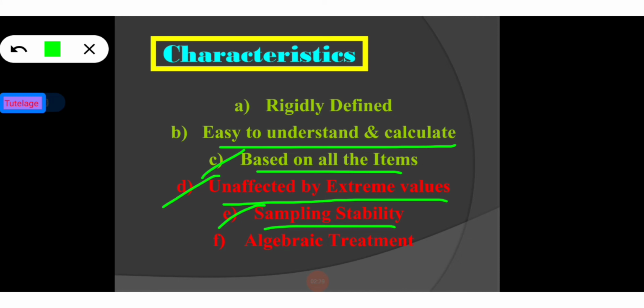Clear? So that's why we say measures of dispersion have sampling stability. Because it should be less affected by differences in the data, it has the power of stability, which is one of the most important characteristics of measures of dispersion.